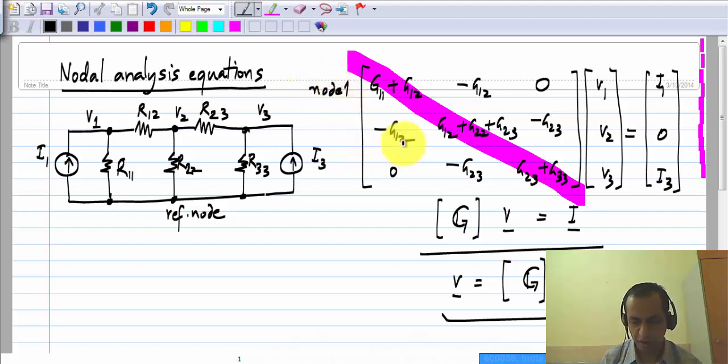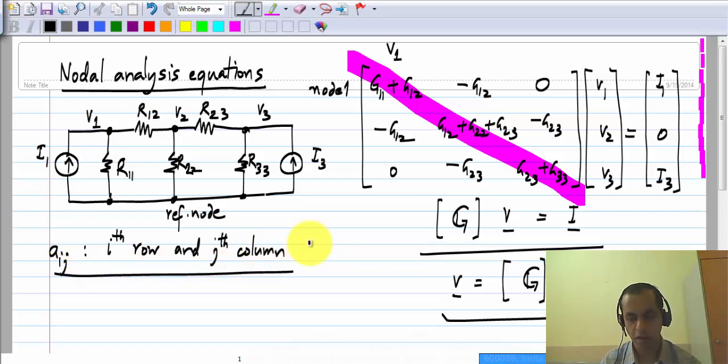Let me remind you that the first row is for node 1 and the first column here corresponds to whatever is multiplying V1. Okay, if you look at the element A11 of the matrix, where I use the standard notation, Aij corresponds to ith row and jth column, we have G11 plus G12.